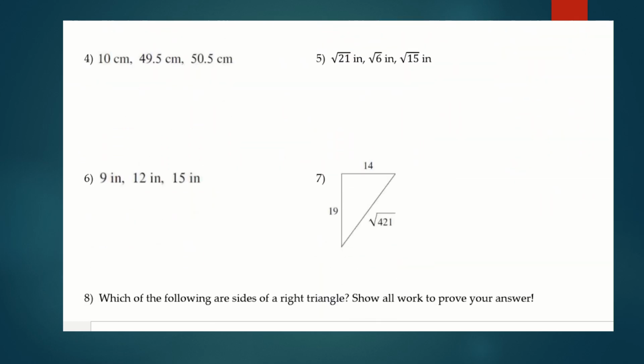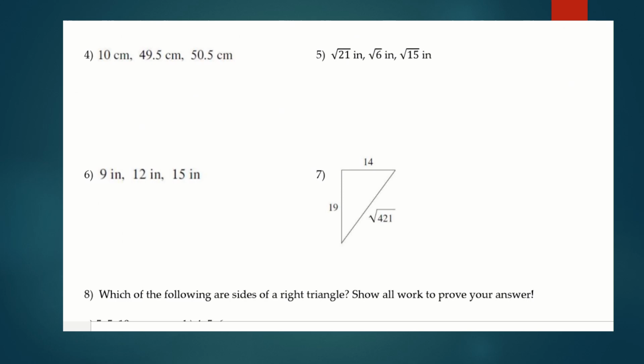All right, let's take a look at number 10. Or number 10, oh goodness, number 4. Number 4, identifying the legs and the hypotenuse. So the shortest two sides, 10 centimeters, 49.5 centimeters, those guys are the legs. 50.5 would be the hypotenuse because it would be the longest side. So 10 squared plus 49.5 squared. Does that equal 50.5 squared?